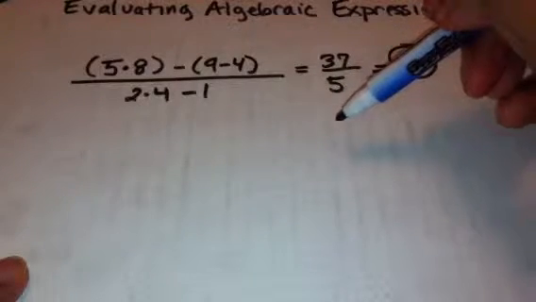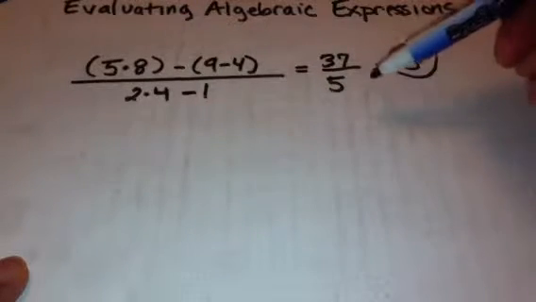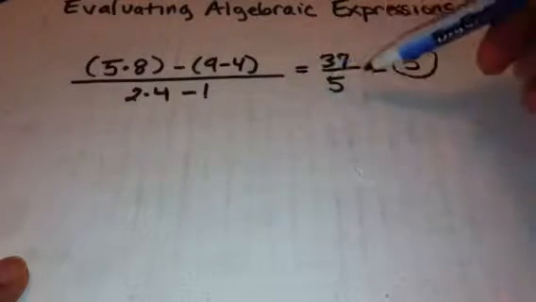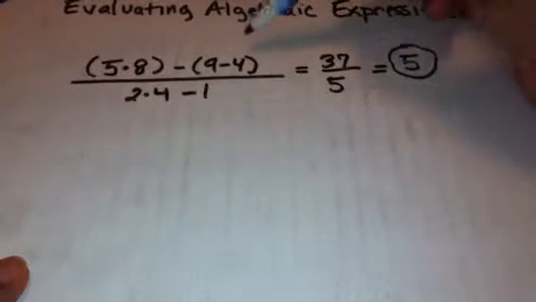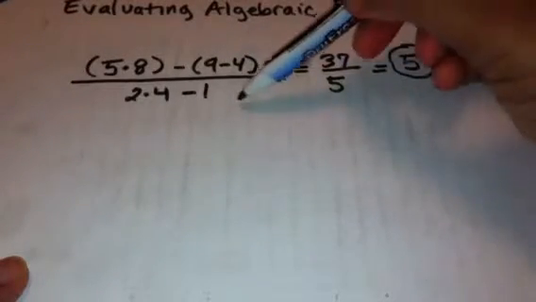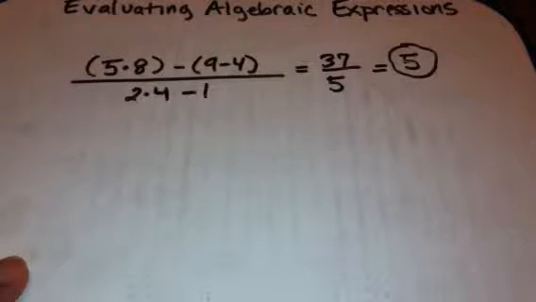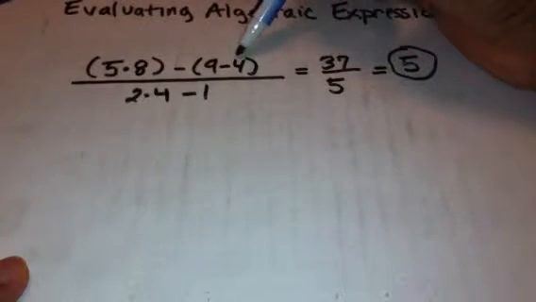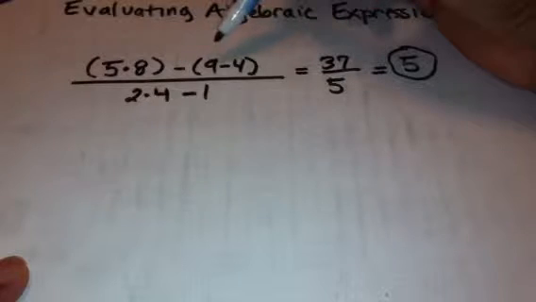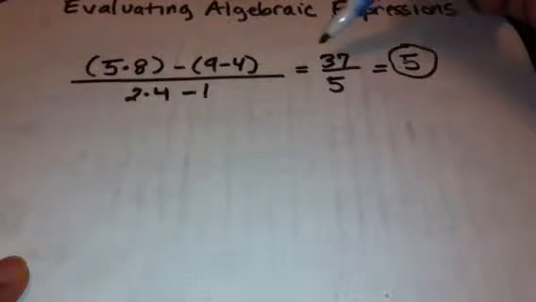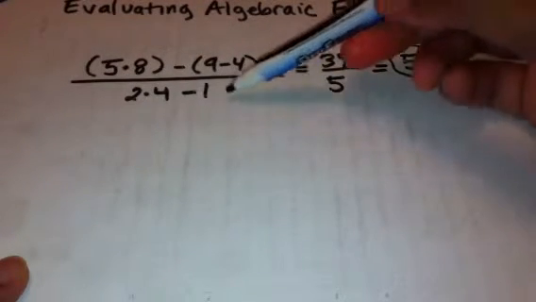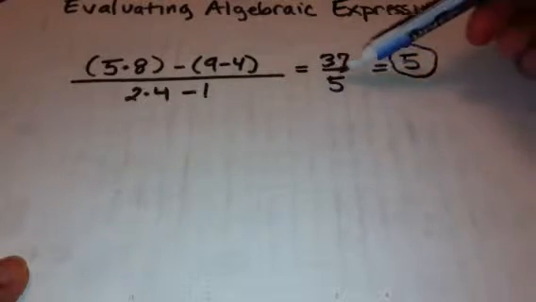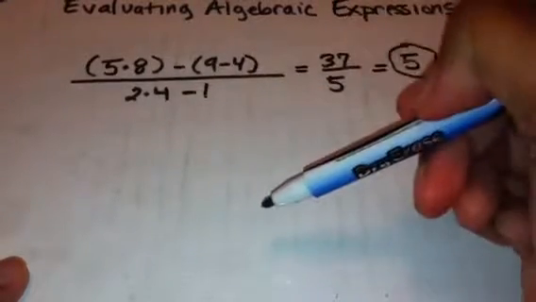So in that problem, we were discussing what to do when you see a fraction line, but then you have grouping symbols in your numerator or your denominator. And we covered the fact that you have to work everything in the numerator first and come up with your answer for that, and then work everything in the denominator and come up with your answer for that. We're going to look at exactly why we do it that way.